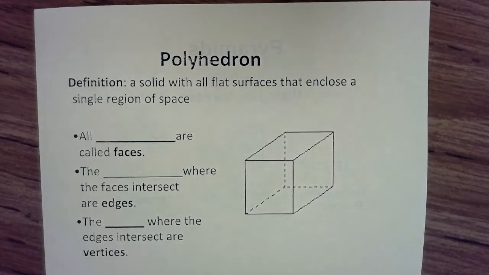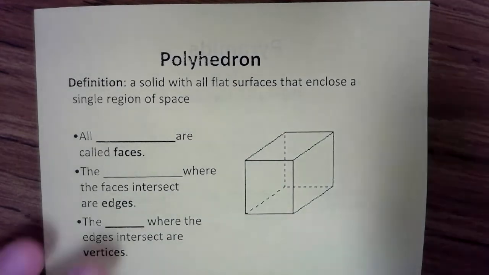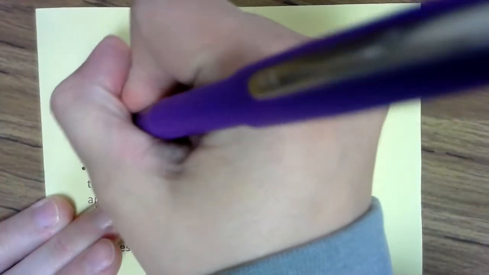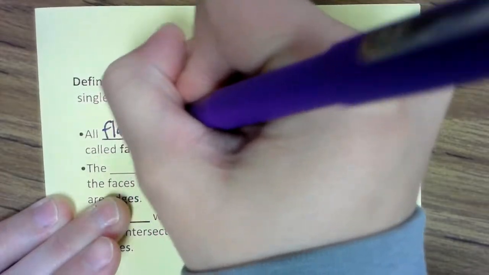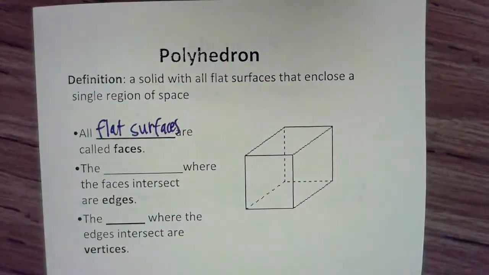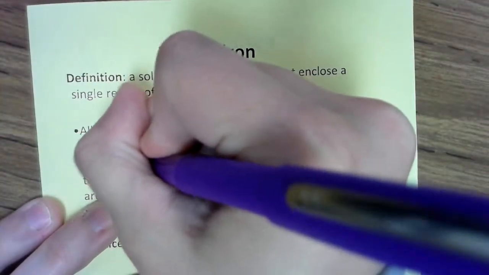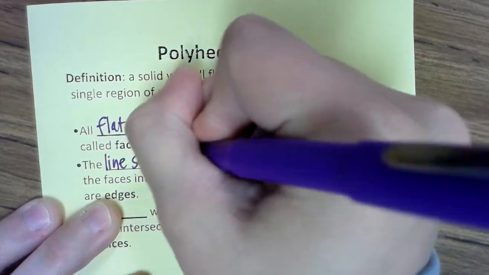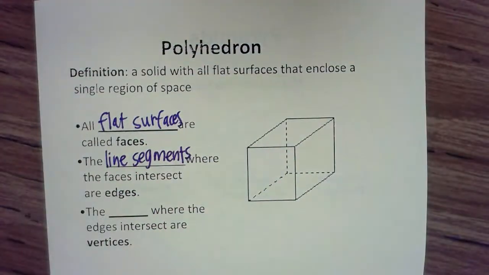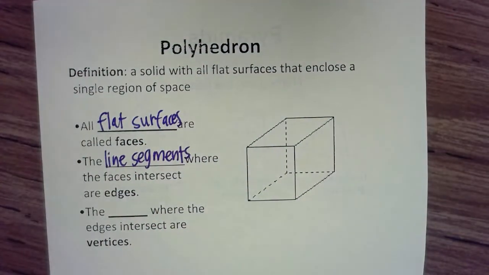It's similar to a polygon. It's got the same characteristics. You've got to have flat surfaces, that kind of thing. So all of your flat surfaces are called faces. All of the line segments where the faces intersect are called edges.